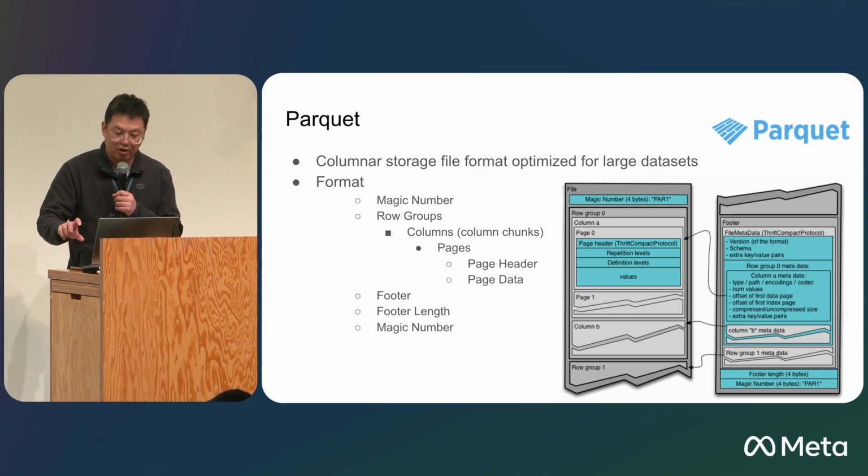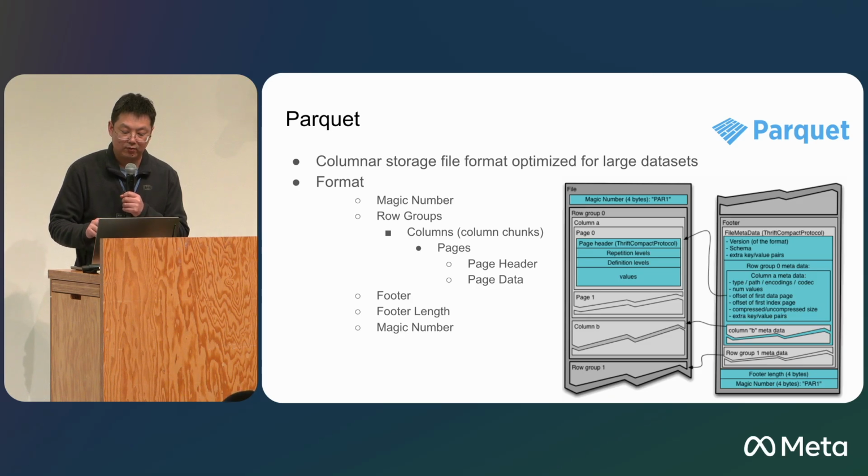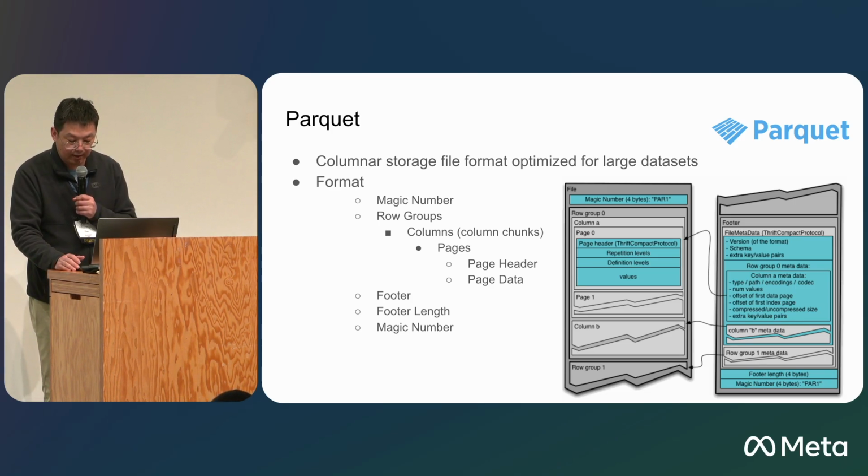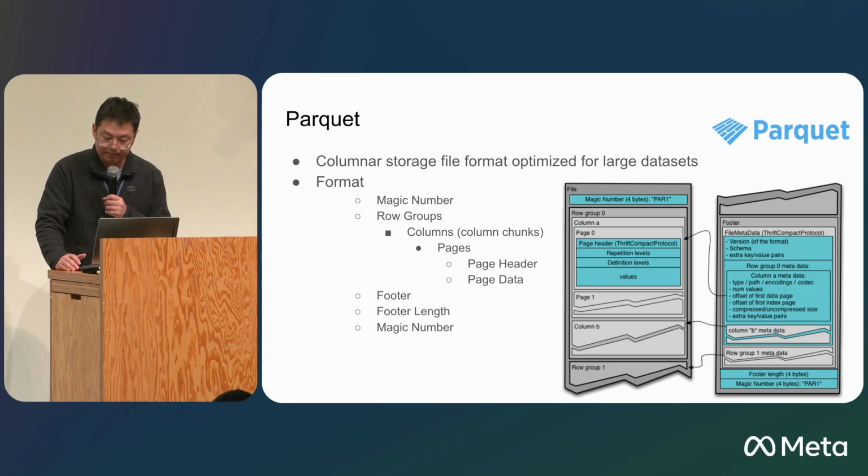Each column is further divided into pages, like page 0, page 1. Each page contains a page header, which has the metadata of the page, and also a page body, which is the data itself.